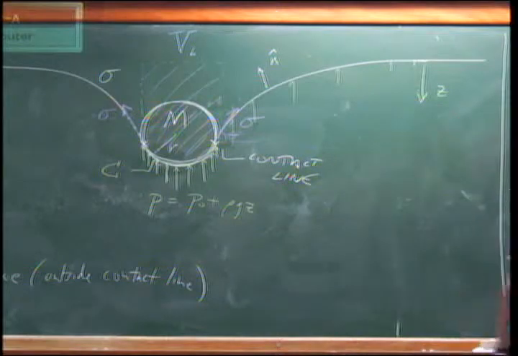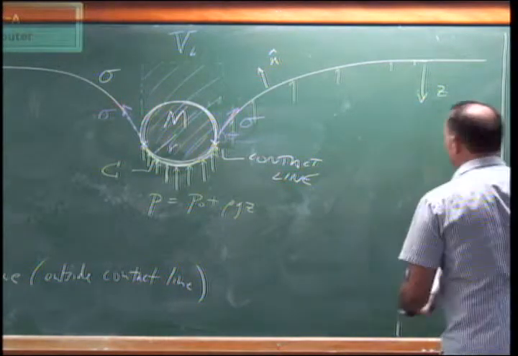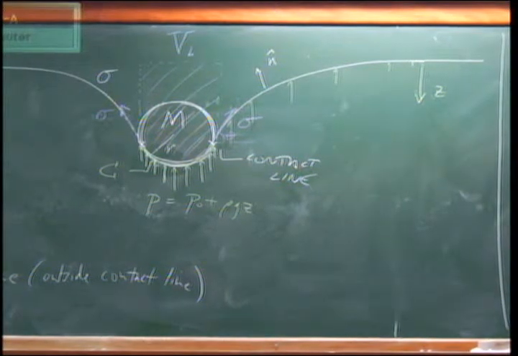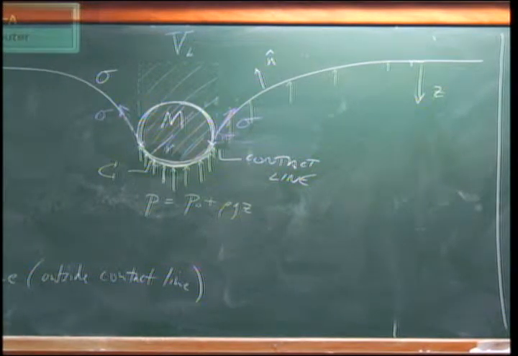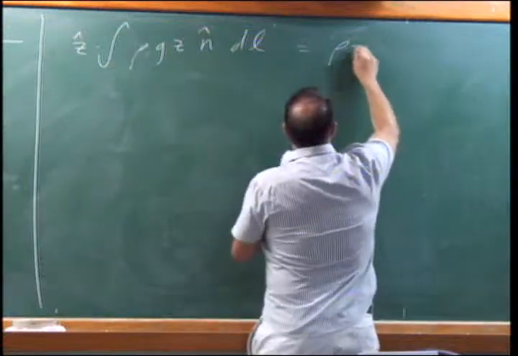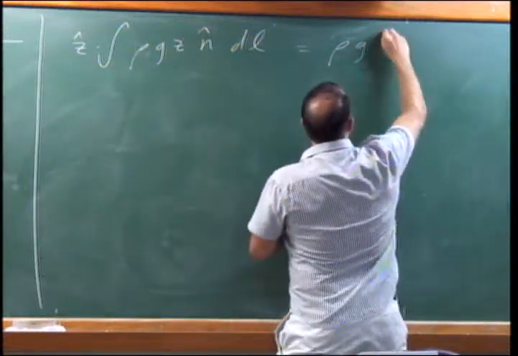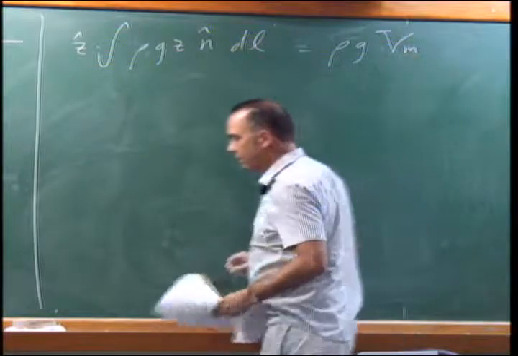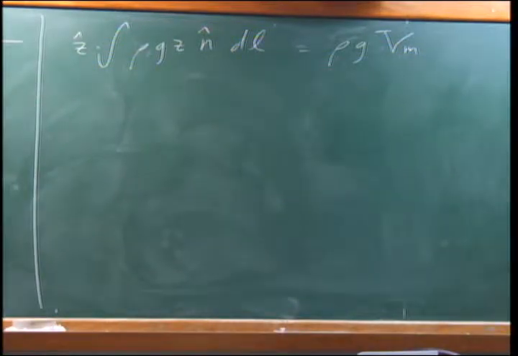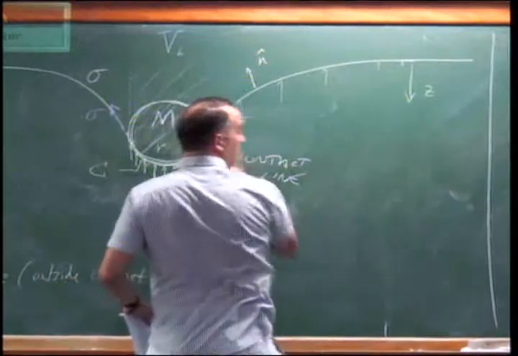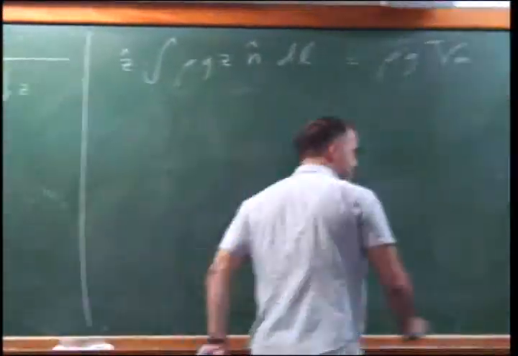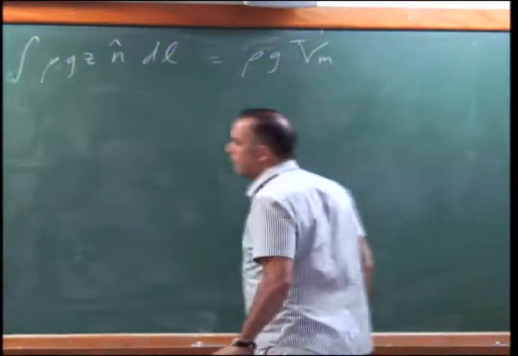We integrate this. This is the contribution to the force on the interface coming from hydrostatic pressure, and that is rho g V_m, where V_m is the volume of fluid displaced.